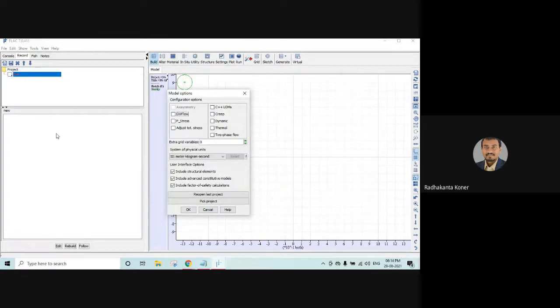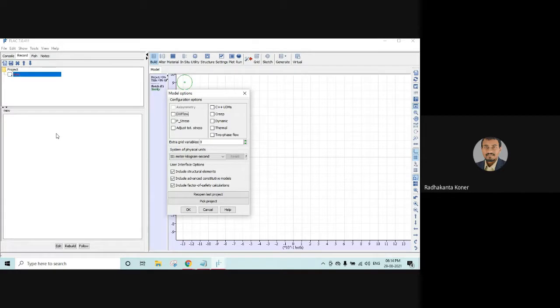Here in all the FLAC modules available, you see the configuration option. Before we start the software, there is a configuration option. There is groundwater flow, GW flow, plane stress, adjustment of the total stress, C++ UDM module, creep module, dynamic module, thermal module, and the two-phase flow module.